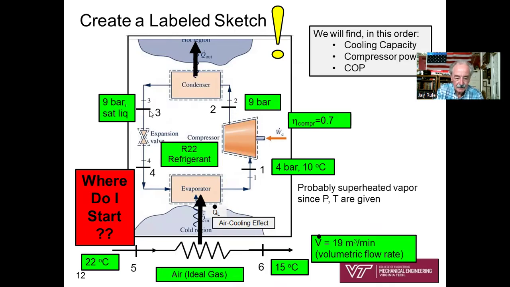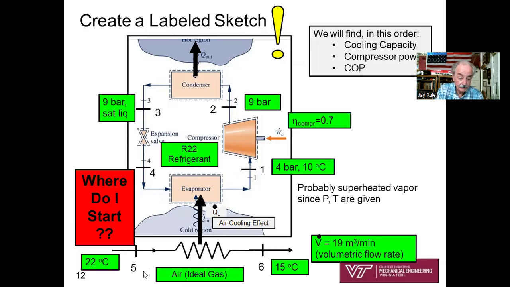State 3, a liquid refrigerant, leaves the condenser. It's a hot liquid, coming into the expansion valve to state 4. Pressure's dropping, getting really cold. Cold refrigerant mixture goes into the evaporator, process 4 to 1. So 1, 2, 3, 4, that's the refrigeration process.